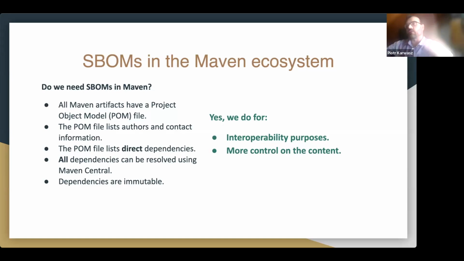We can have an effective POM that gives you all the dependencies you'll ever need. So if we need SBOMs, it's for interoperability purposes, or just to correct errors that other suppliers have. Our dependencies can have errors in the POM files. We can correct them.